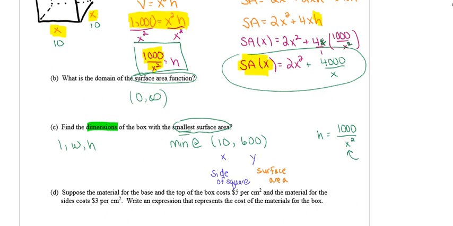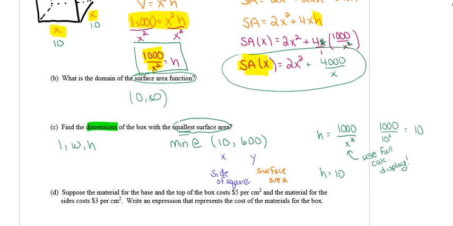And again, when I plug this into my calculator, I'm going to use the full calculator display. In this case, it's not an issue because it came out to be a whole number, but in the event that it didn't, I would want to make sure I use the full calculator display to find that. When I plug into my calculator, I find that the height is also 10. So 1,000 divided by 100, or 10 squared, equals 10.